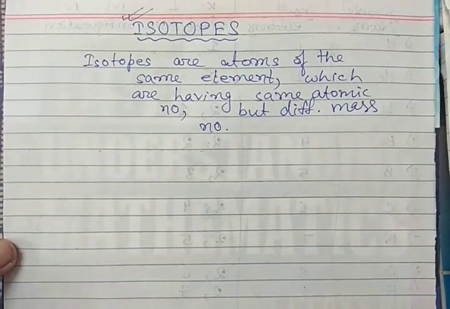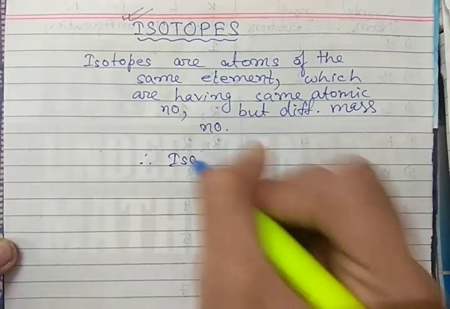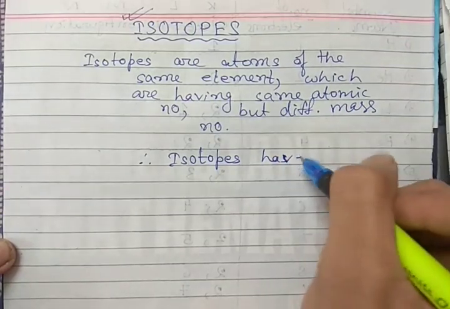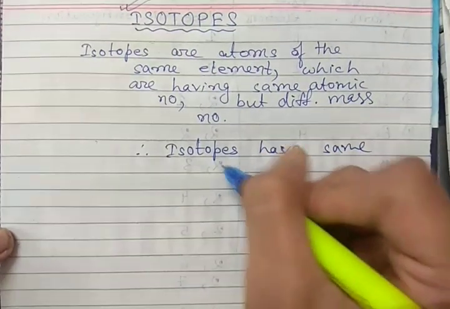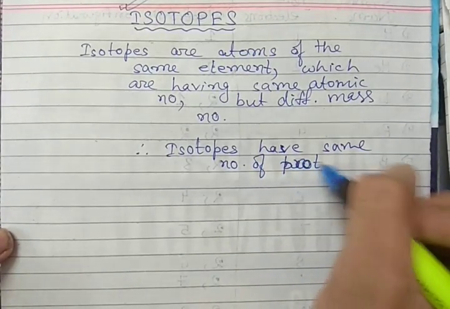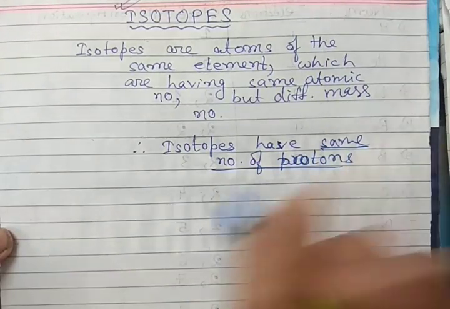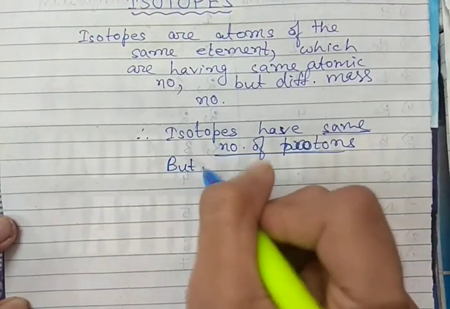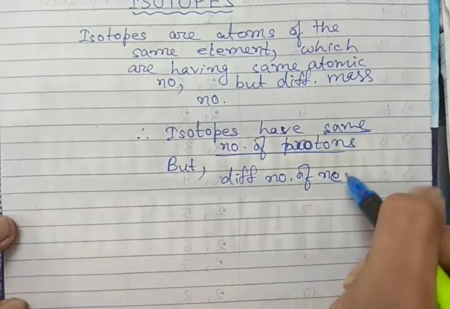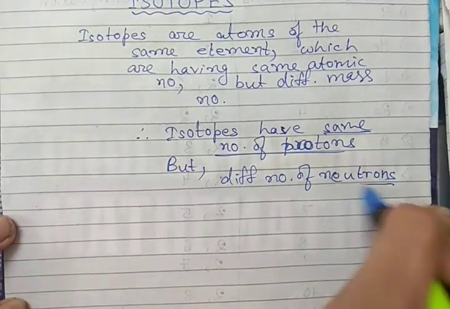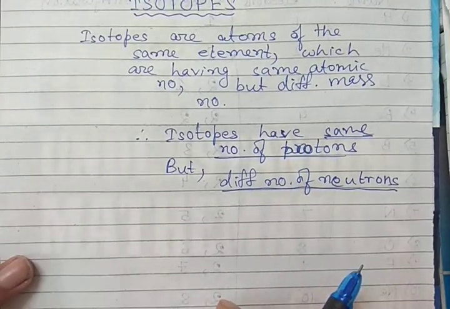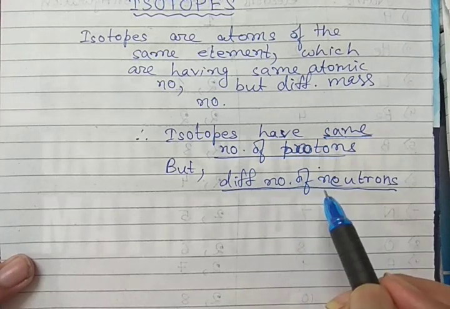This means isotopes have the same number of protons but different number of neutrons. That is why the mass number varies. That means they have the same number of protons but different number of neutrons.